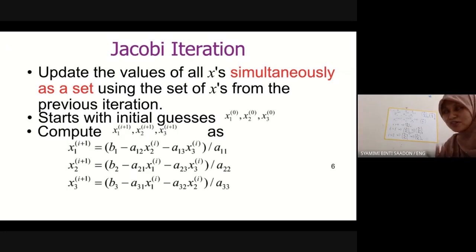Don't start with I equals to 100 directly, otherwise the computer programming sometimes will jam or take too much time. So you will see. That is the difference between Gauss-Seidel and Jacobi iteration. Both are iterative methods, but the steps are a bit different.